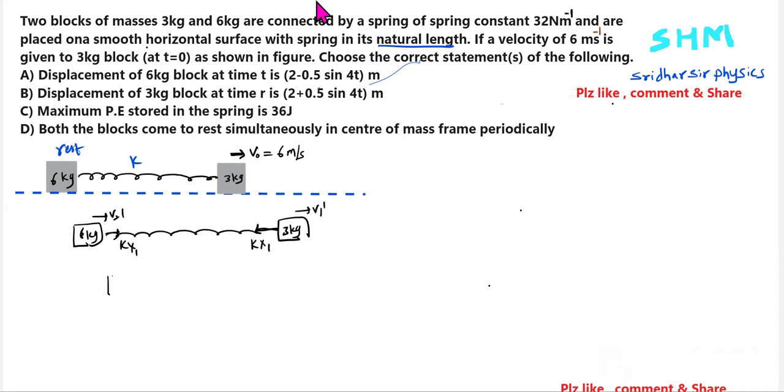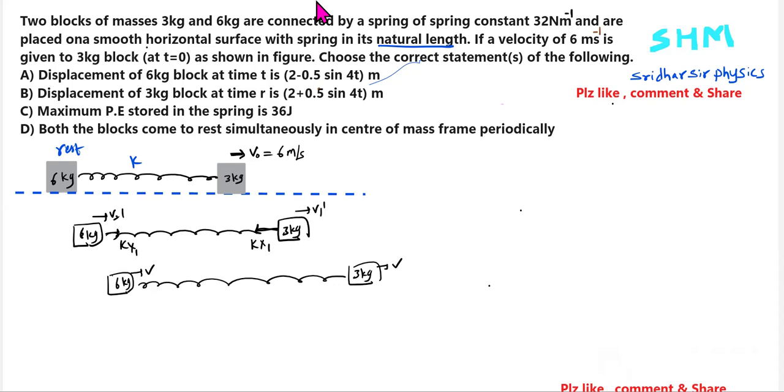After some time, the velocity of this block will keep on increasing and the velocity of this block will keep on decreasing. At one instant, both will be moving with a common velocity.